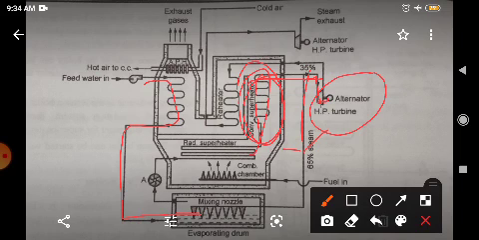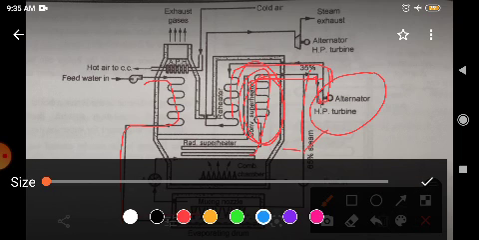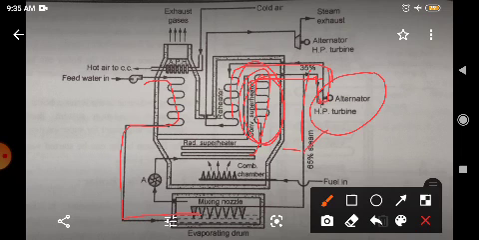Then its enthalpy decreases, and again it is fed into the furnace or boiler. The steam is fed again to the furnace or boiler, in which its temperature increases again, which is called the reheater.